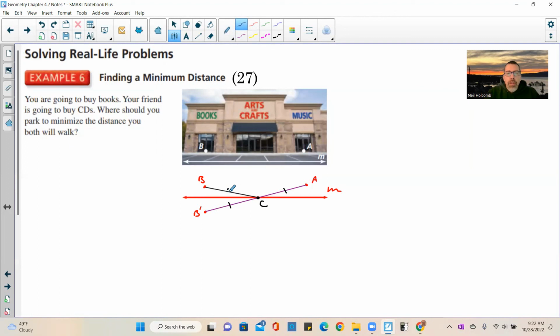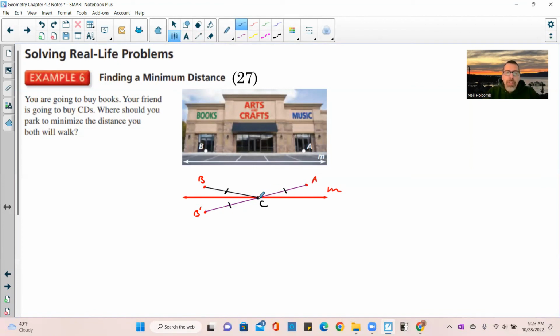So since I reflected B across line M to B prime and found this distance here, this distance B prime C is equal to BC because it's a reflection of that line segment over M. And the shortest distance from A to B prime is a straight line. C is the midpoint, so that would make B prime C equal to AC.